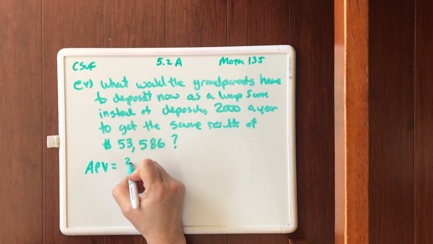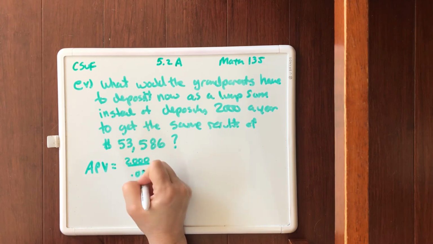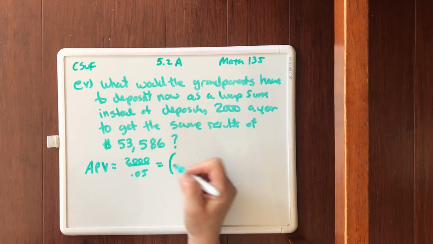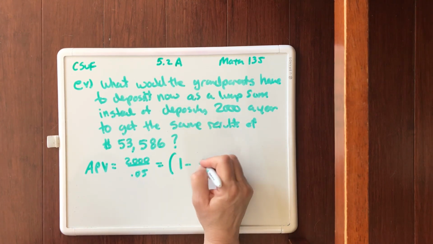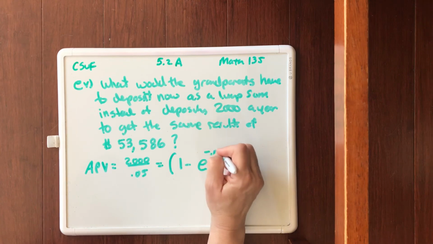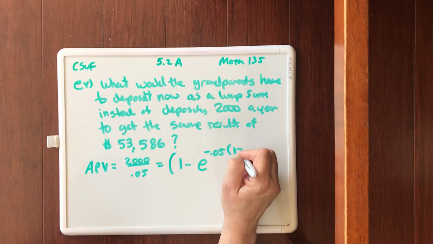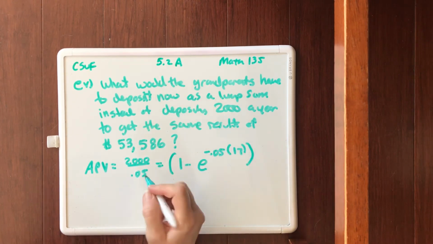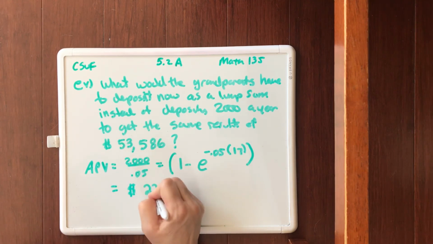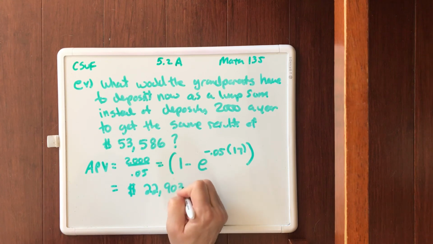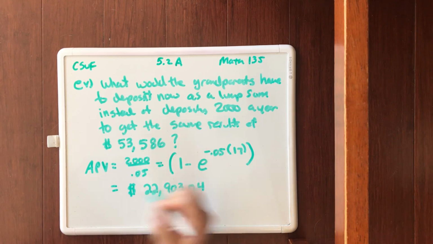2,000 over 0.05 times 1 minus e to the negative 0.05 times 17. And when you do all that work, the answer is $22,903.04.